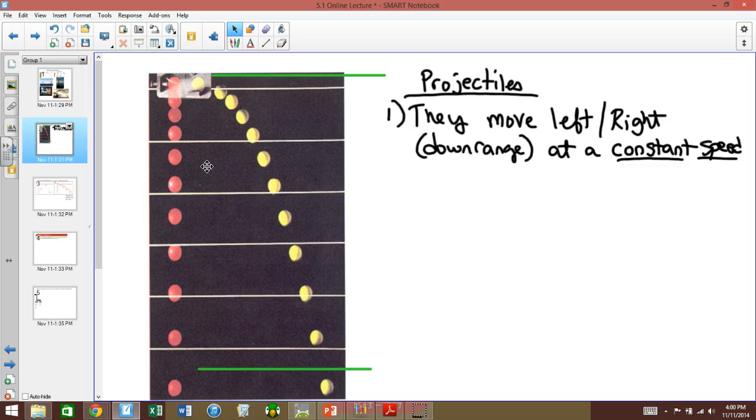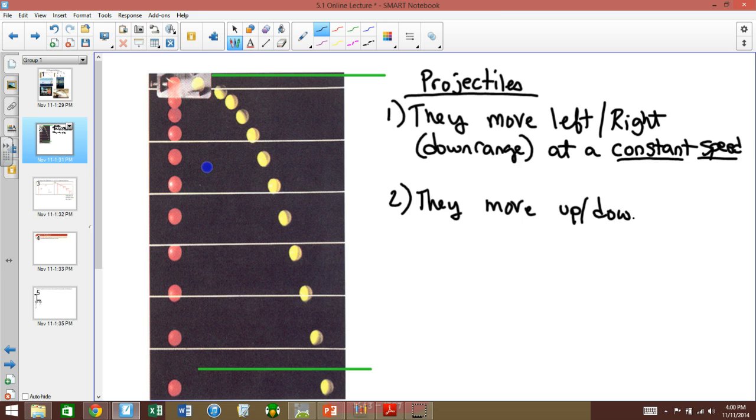So the second really important thing with projectiles, they move up and down, accelerating. And that's completely different than a constant speed.